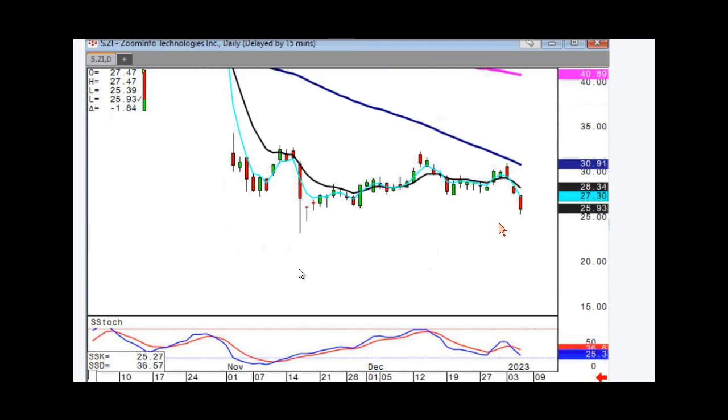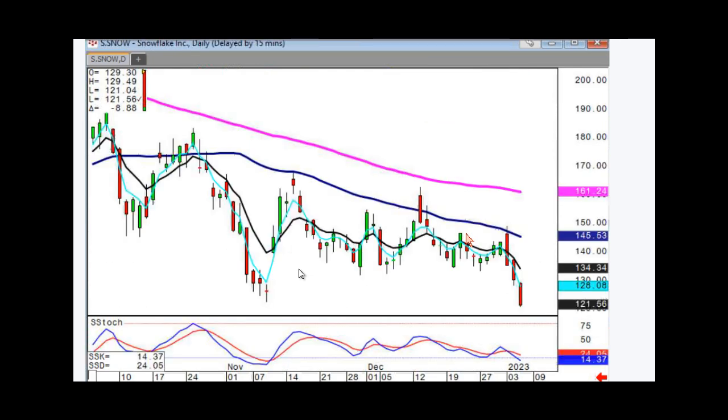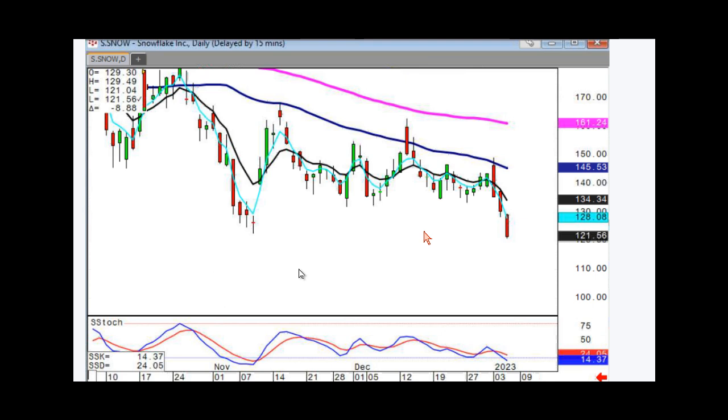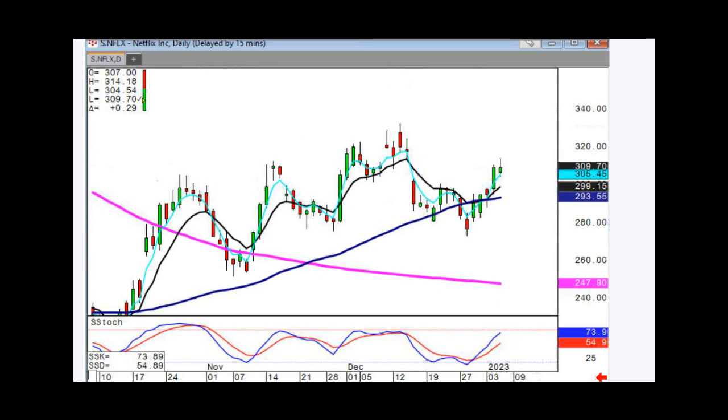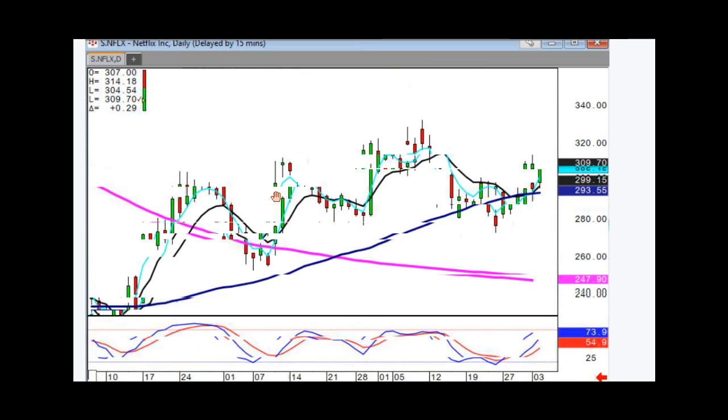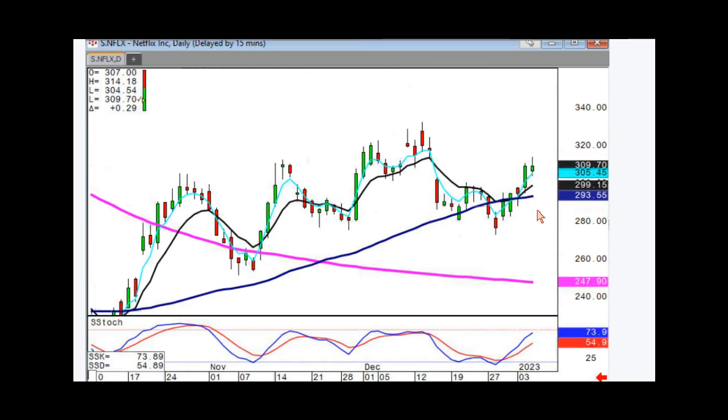So we're shorting Zoom Info. We shorted Snow. Let's see. And then the biggies. This is the only one that's working reasonably well, Netflix. So where's the next likely target?